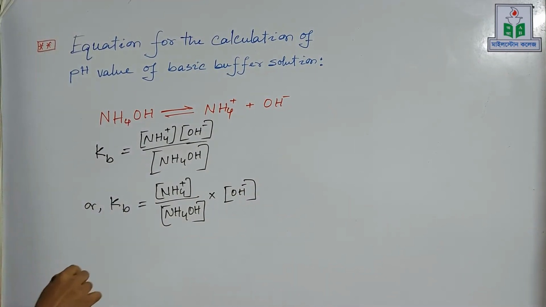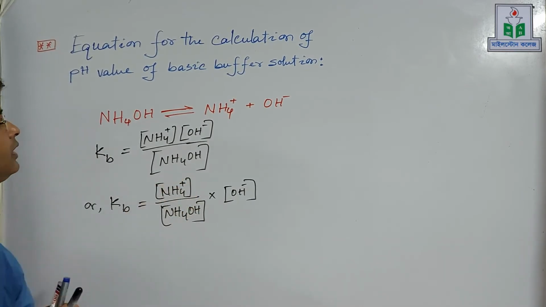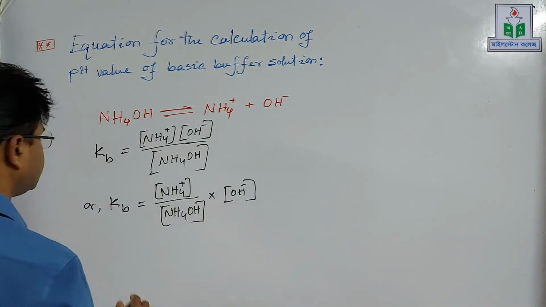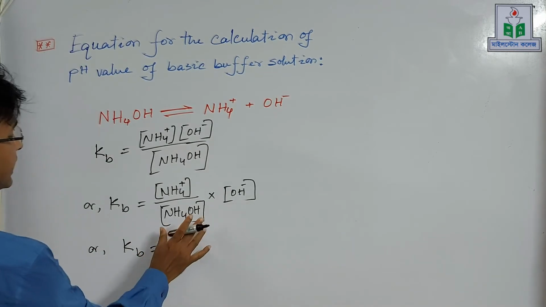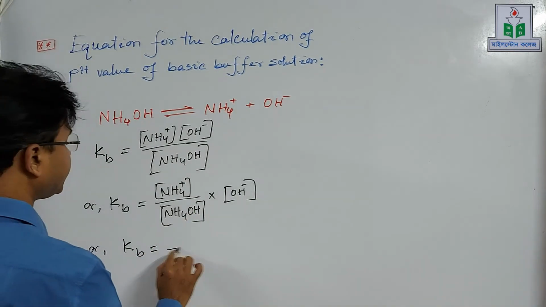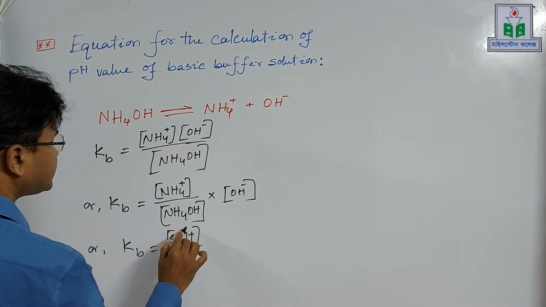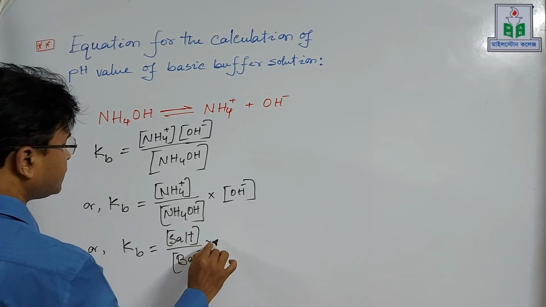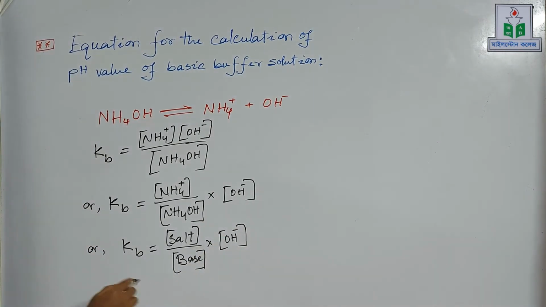Dear students, let the concentration of ammonium ion indicate the concentration of salt present in the basic buffer solution, and the concentration of ammonium hydroxide indicate the concentration of base present in the basic buffer solution. Then take the log in both sides of the equation.